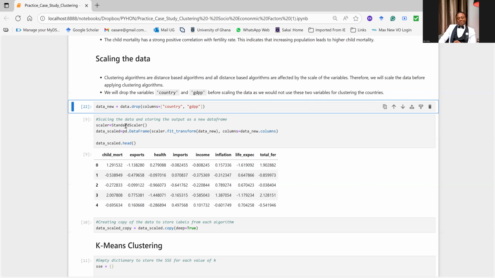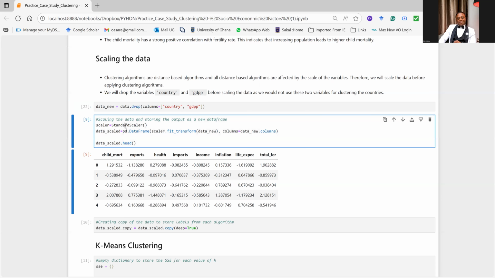We call it data new. We use a standard scaler because we've imported it already. Remember, we are having data scale. We give this name, data scale, to a new data frame which is going to be created after fitting a transformation on the new data.